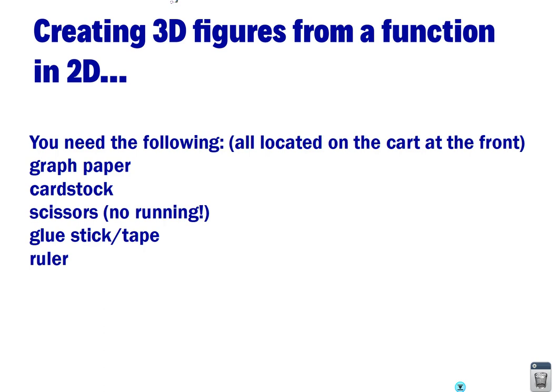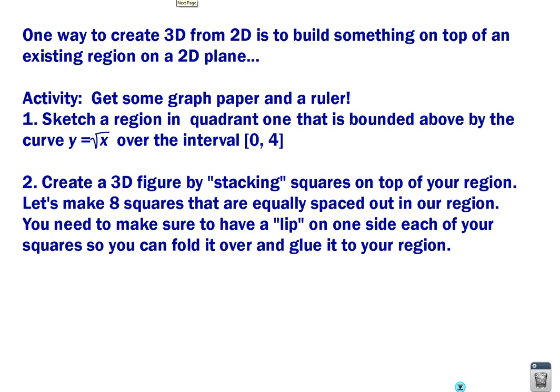On your graph paper, you are going to sketch a region in quadrant 1 that is bounded above by the curve y equals the square root of x over the interval from 0 to 4. You might want to make it big enough so that you can see the whole thing.